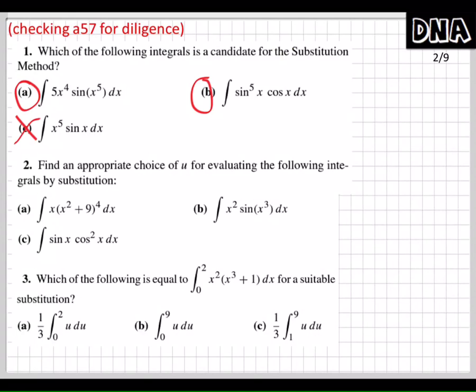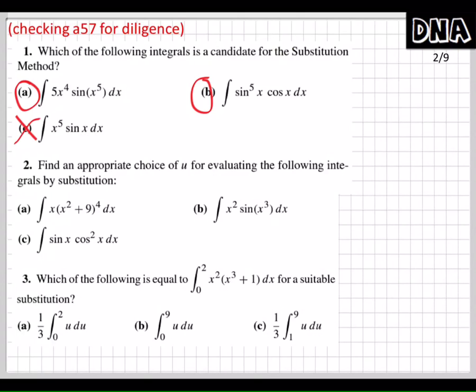So let's go to number 2. This one says, find an appropriate choice of u for evaluating the following integrals by substitution. The way I think about this, and this works most of the time, I would say 85% of the time, is I look for the function that is most inside, the function that's buried inside of the bigger function.